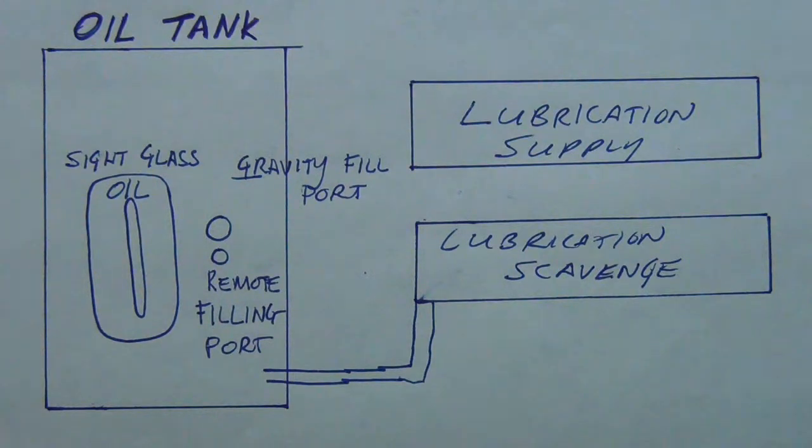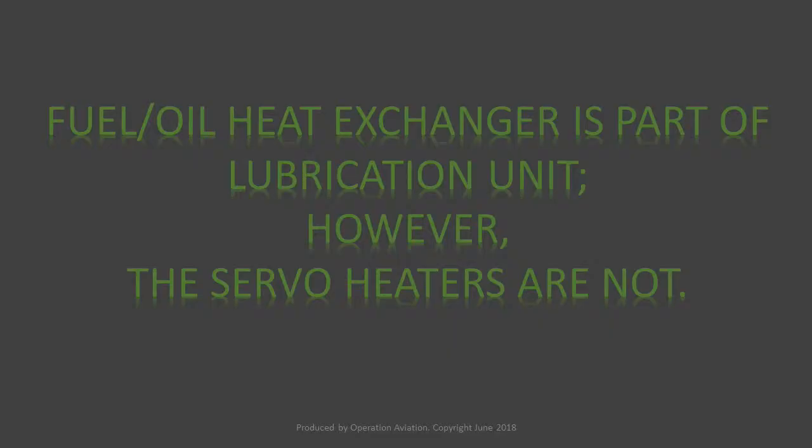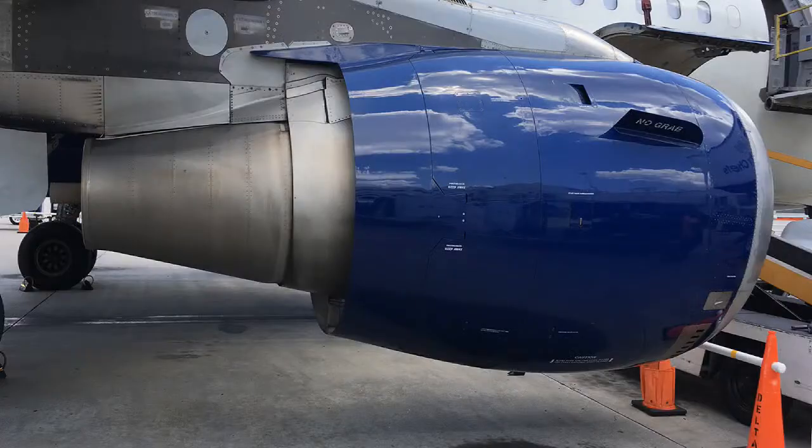You also have the fuel heater, your main oil fuel heat exchanger. The servo fuel heater, just kind of a side note, it's not really part of the lubrication. It's there, but it's not considered part of the lubrication system. Now the oil fuel heat exchanger is considered part of it, and they serve the same purpose. Both of these components in that circuit are there to cool the oil before it goes back to the oil tank.